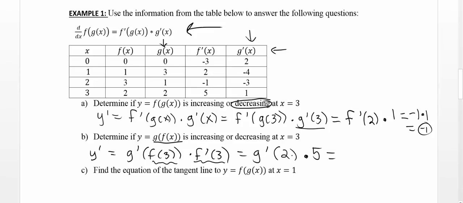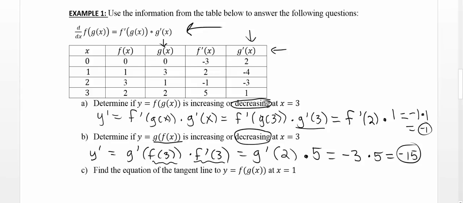So now I have to look for g prime of 2. So I go to the g prime column, and I go down to the x value of 2, and I get negative 3. So my final calculation is negative 3 times 5, which gives me negative 15. So again, if the first derivative of my function is negative at a point, that means that my function has to be decreasing at that point.